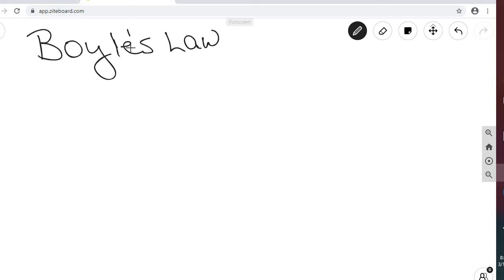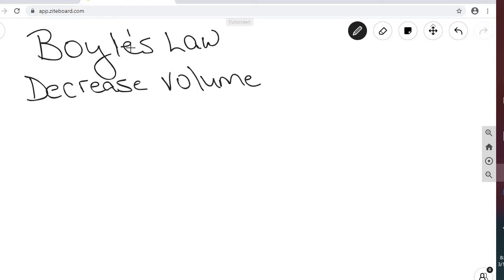Those of you who have had chemistry have learned about Boyle's law. Boyle's gas law says that if you decrease volume, you increase pressure.